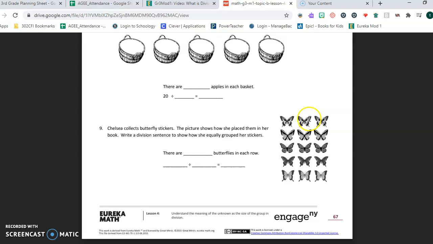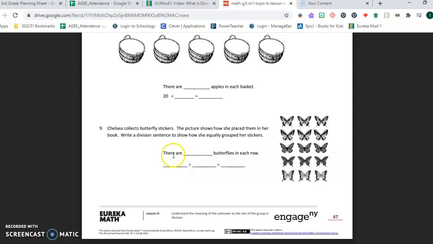Remember, rows are side to side, they're horizontal. So how many butterflies are in each horizontal row? So we've got a row, another row, another row, another row, and another row. So how many items, which is butterflies, are in each row?